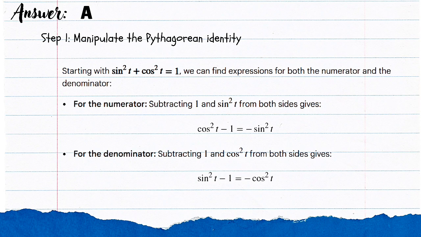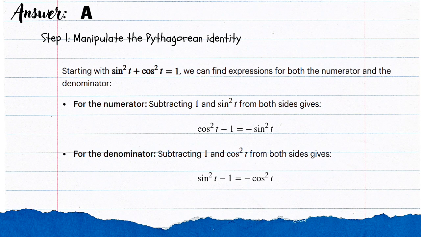Step 1. Manipulate the Pythagorean identity. Starting with sine squared t plus cosine squared t equals 1, we can find expressions for both the numerator and the denominator. For the numerator, let's subtract 1 and sine squared t from both sides. We get cosine squared t minus 1 equals negative sine squared t.